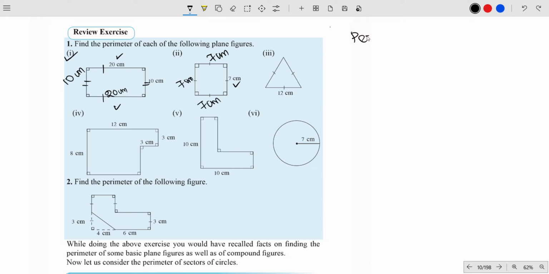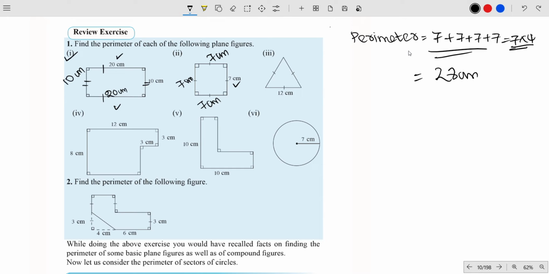So easily we can find the perimeter by adding four sevens or multiplying 7 by 4. These two are acceptable steps. So 28 will be the answer for the second question.